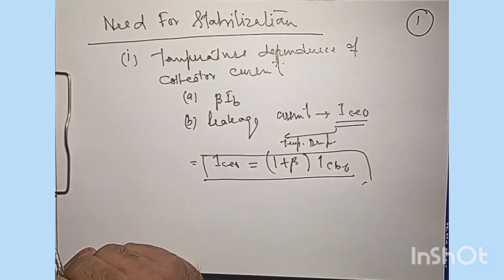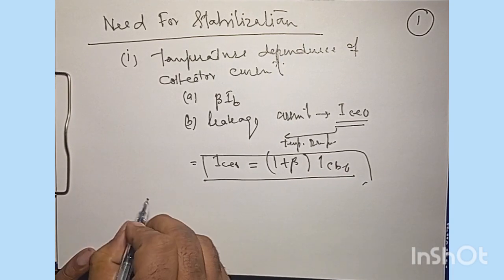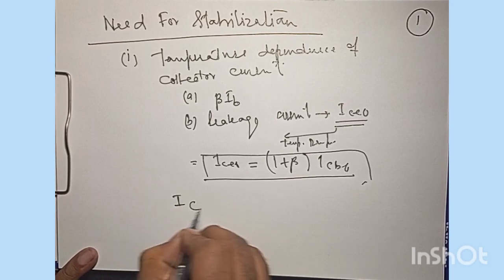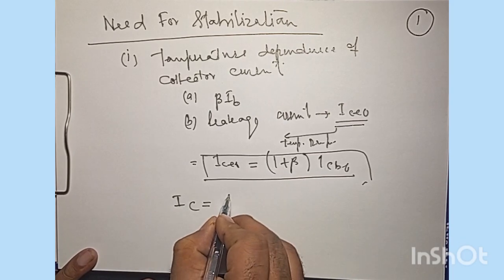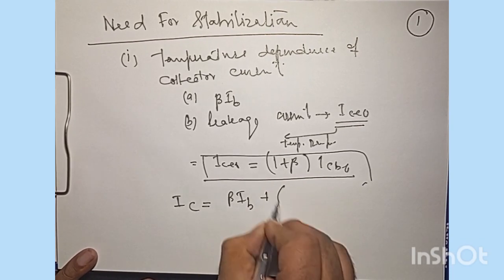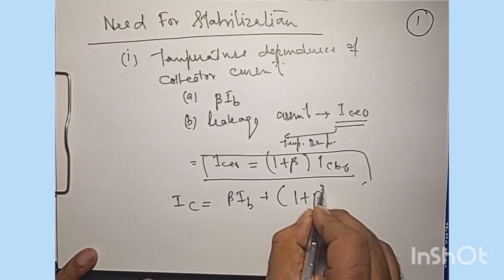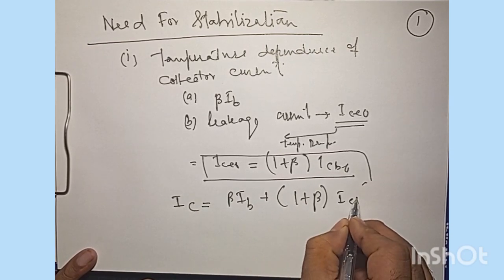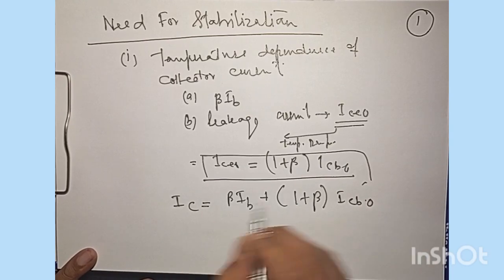Now, if I have to write down the collector current in principle, it is made of two parts. One is beta IB, plus the other part, which is (1 plus beta) ICBO.